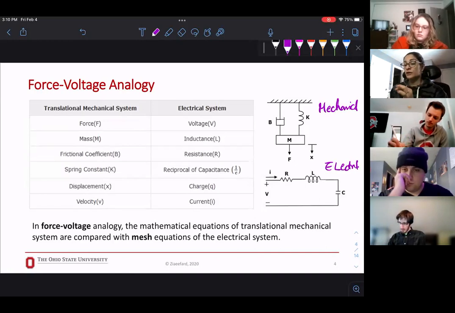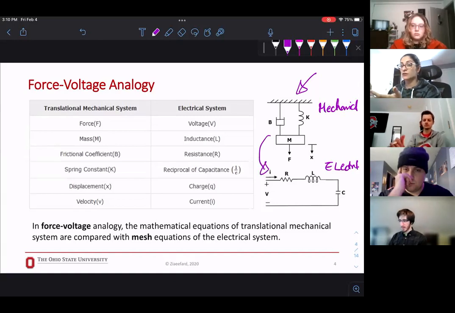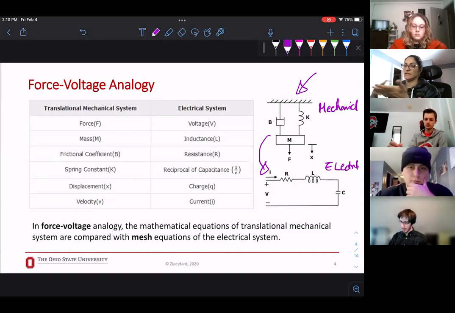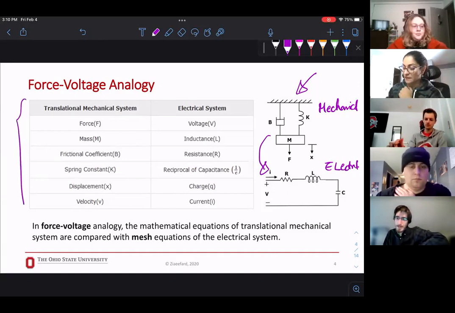Now, let's say you have this mechanical system and you're not very confident writing its equation. If you could convert this to an electrical system, then you will say that I'm very comfortable writing the equation and analyzing it. You can do that if you convert them properly using this table, right?